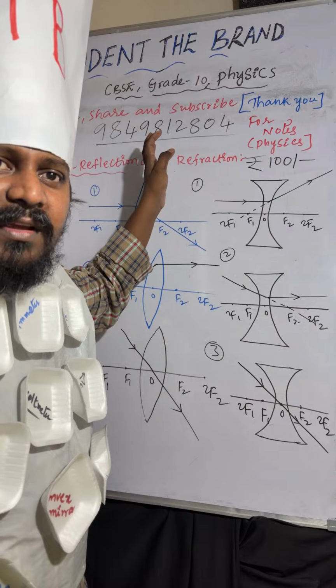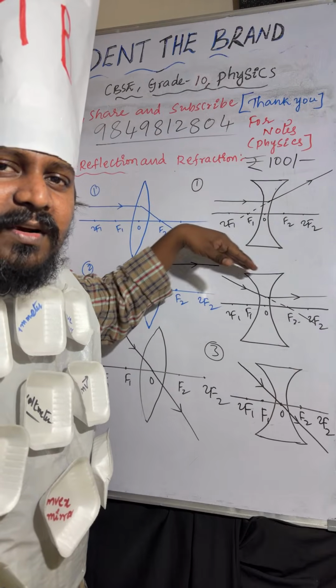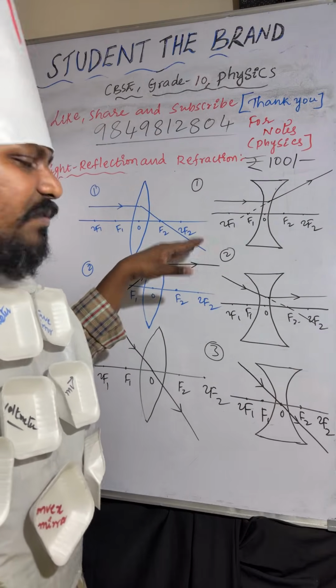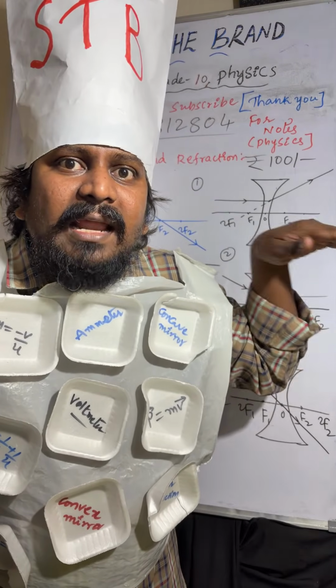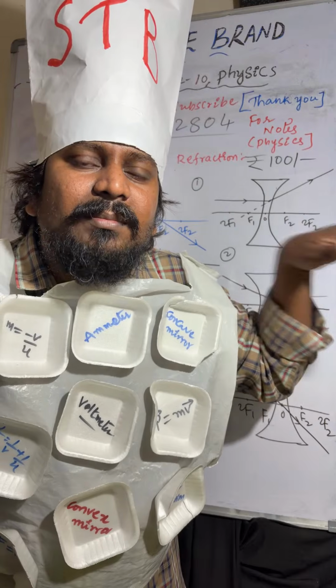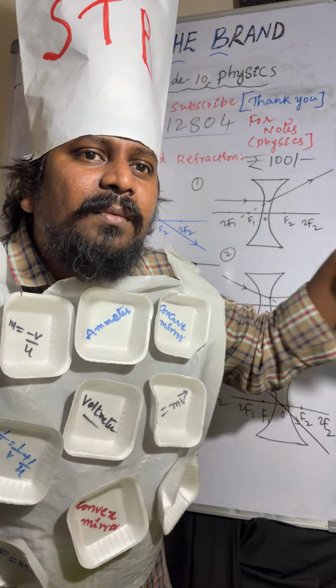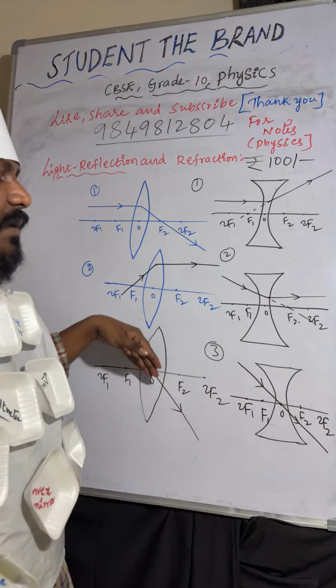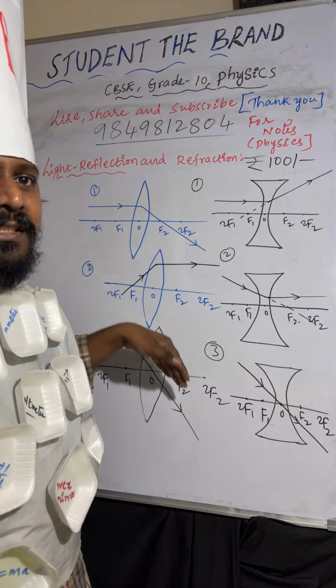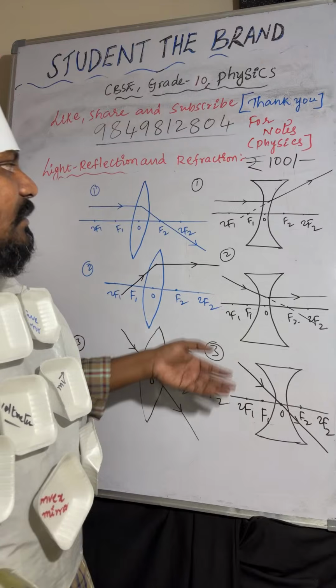Light rays coming from infinity, after refraction, pass through focus. Light rays passing through focus, after refraction, become parallel to the principal axis and move towards infinity. Light rays passing through optic center, no deviation takes place.